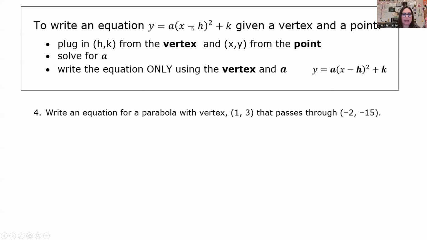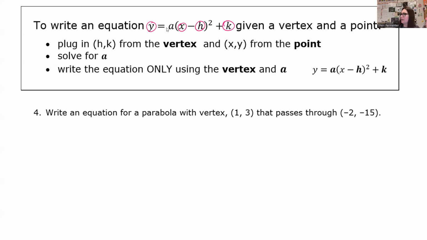I'm going to mark off everything that we're about to plug in. So what is the one letter in here that's not circled? A. We're solving for A.